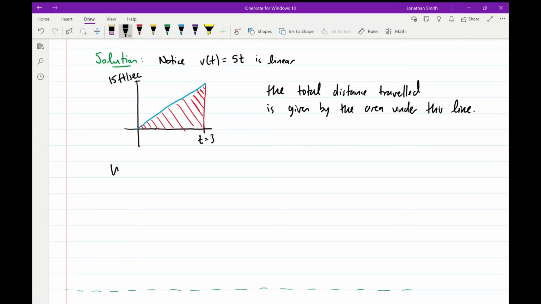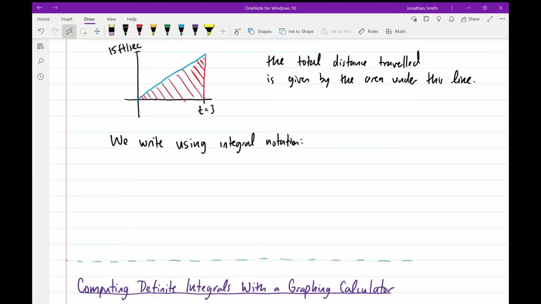Okay, so we can write this area using integral notation. So we have that the total distance traveled is equal to the integral from 0 to 3.